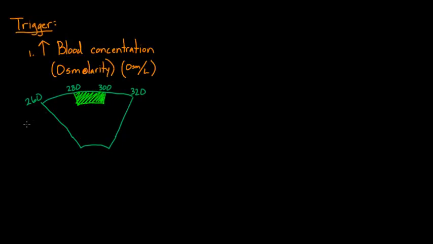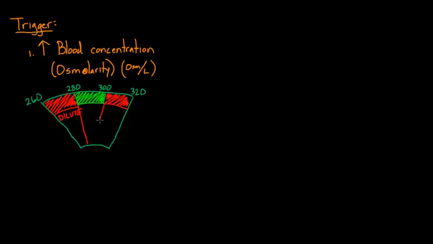And if it's in this area, or if it's in this area, then that's where the body is not too happy. And so, for example, let's say you're in this first zone. This would mean that your body is noticing that the blood is too dilute.